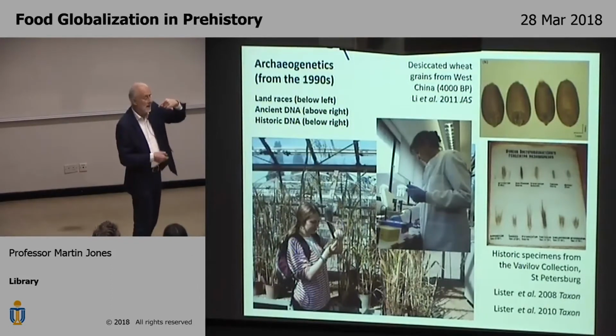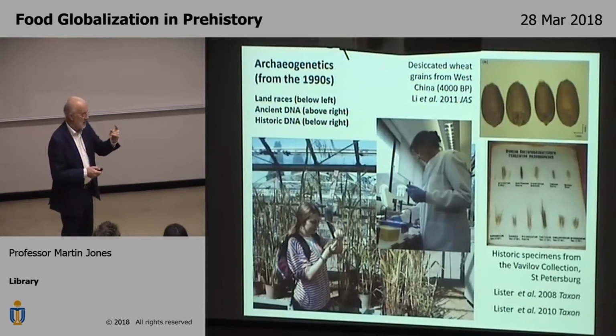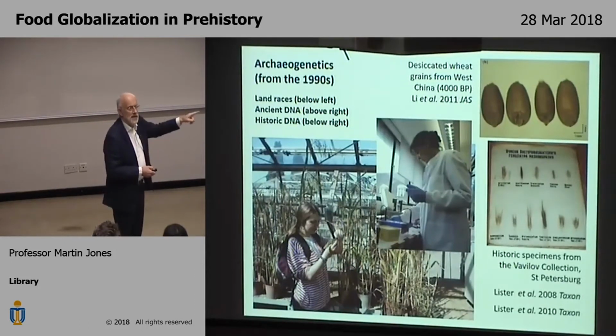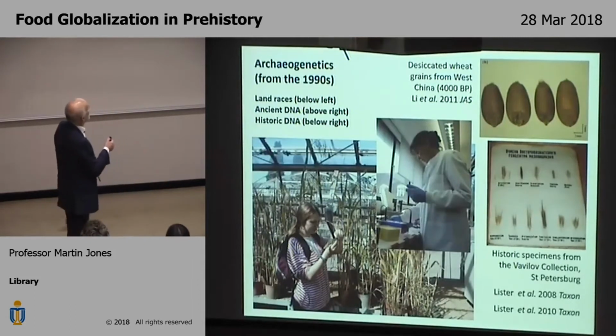And then we go to a third category of data to test that hypothesis. The hypothesis might say, if we've got it right, then this crop spread across Eurasia in the Bronze Age, and so by the middle of the second millennium BC, it should look like this. And these are from archaeological sites. These are desiccated grains.